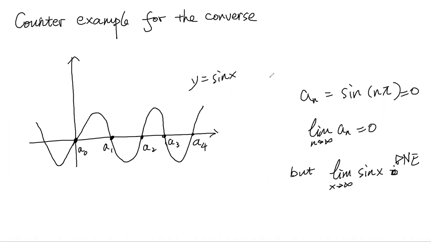Right, and this counterexample is just a warning. Usually we won't use the converse. The converse of this theorem just tells you if you find the limit of f(x) doesn't exist, then you probably need to try another way.